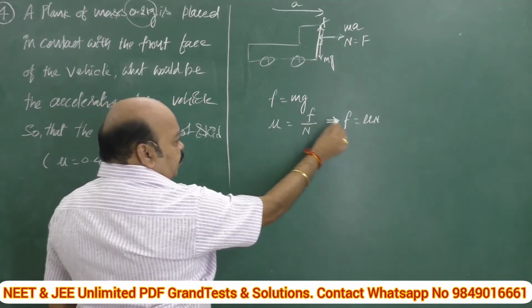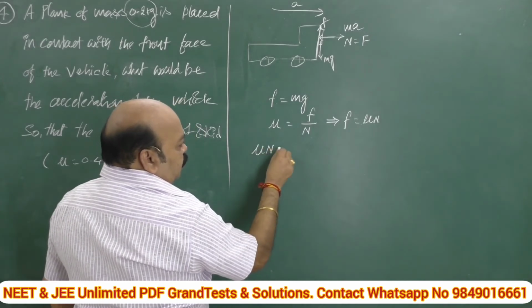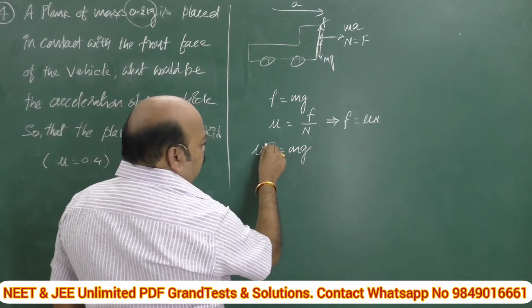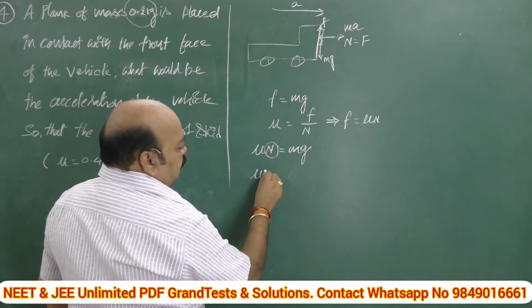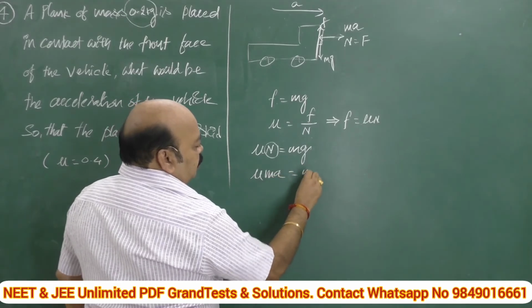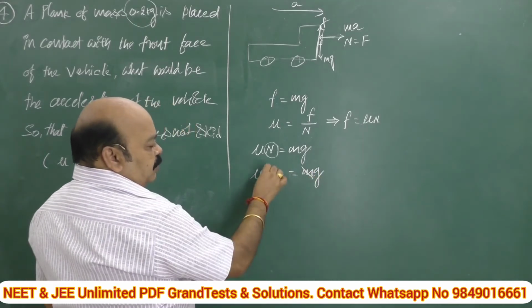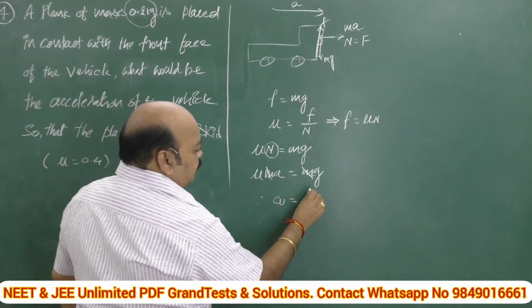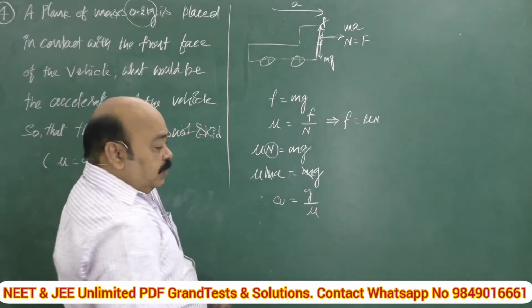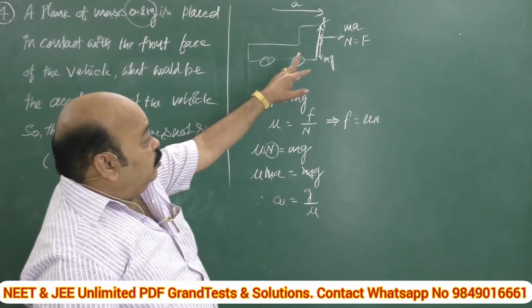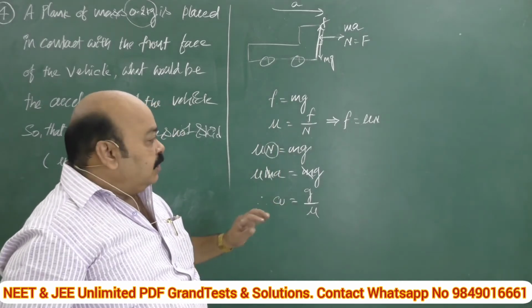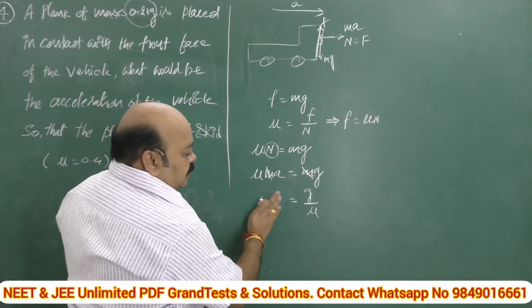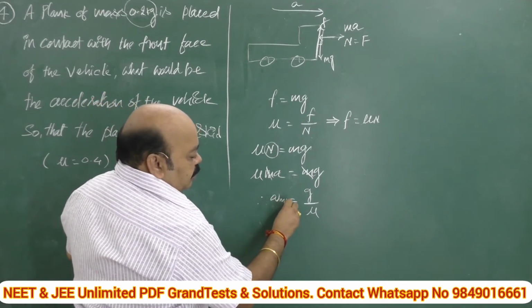So in the place of F, I am substituting mu into normal reaction, which is nothing but ma, equal to mg. Similar terms get cancelled. So the condition for acceleration is a equal to g by mu. That means, in order to keep this plank steady without skidding, this vehicle has to maintain a minimum acceleration of a. The exact word is minimum.